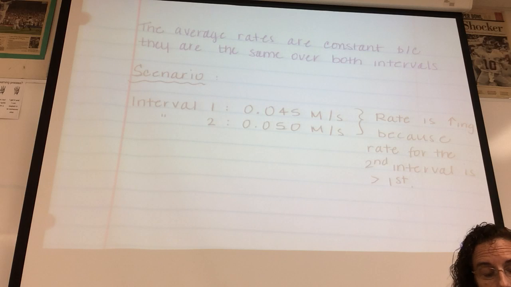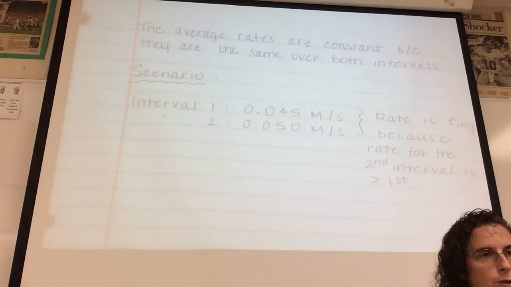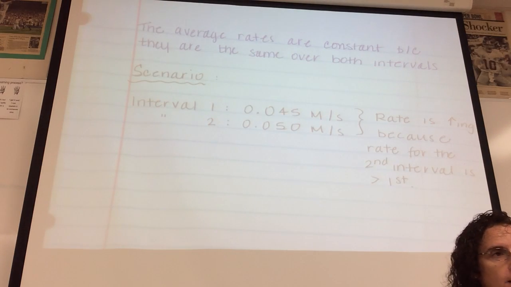If the rate were decreasing, what would be a reasonable rate for interval 2? 0.040 molar per second would work too. All right, and watch your units and watch your sig figs. Rates are typically concentration per time, molar per second or molar per minute, etc.